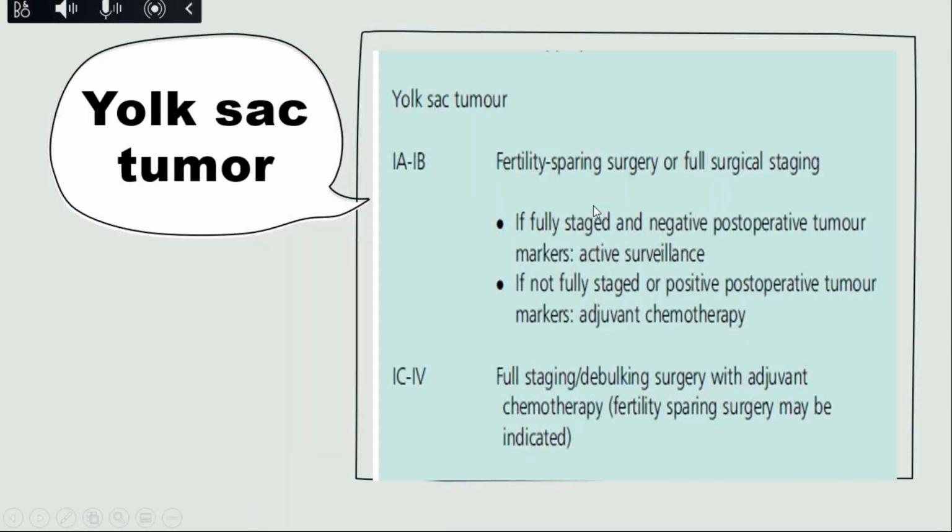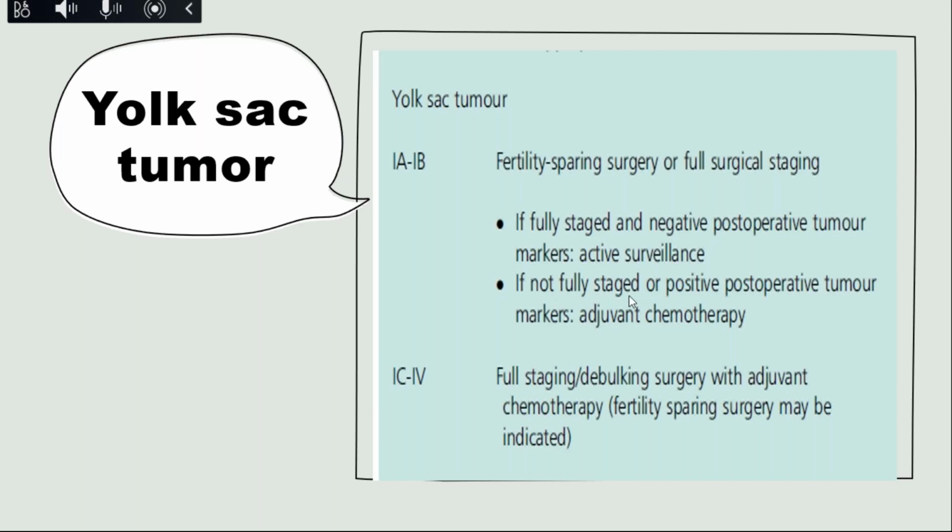So what is the treatment for yolk sac tumor, that is the endodermal sinus tumor? From stage 1A to 1B, fertility sparing surgery or full surgical staging should be done. As I mentioned earlier, if fully staged and with negative postoperative tumor markers, we should go for active surveillance.